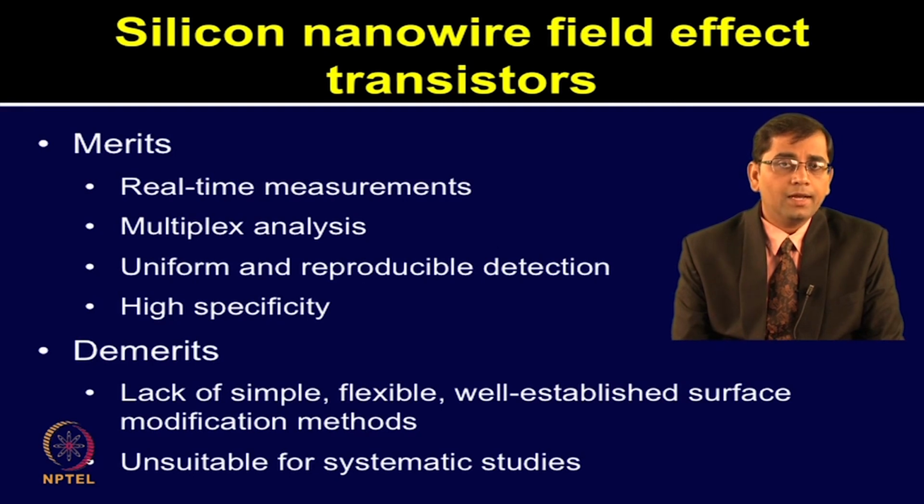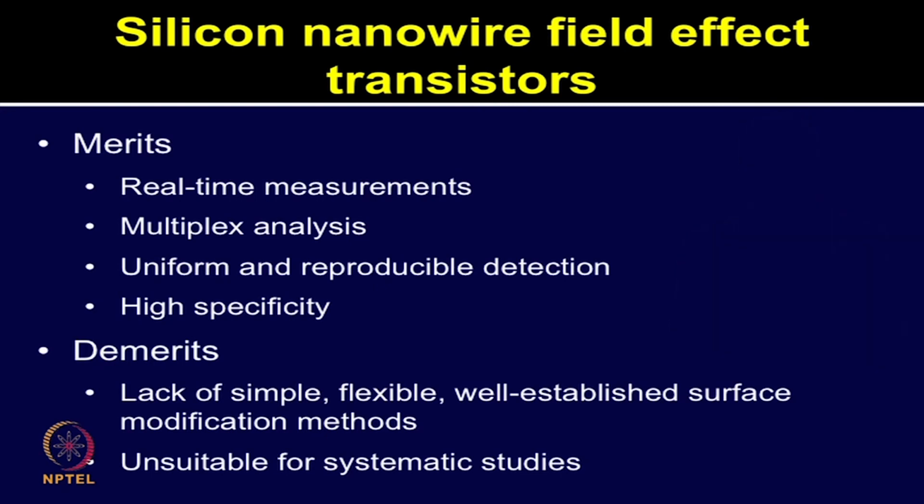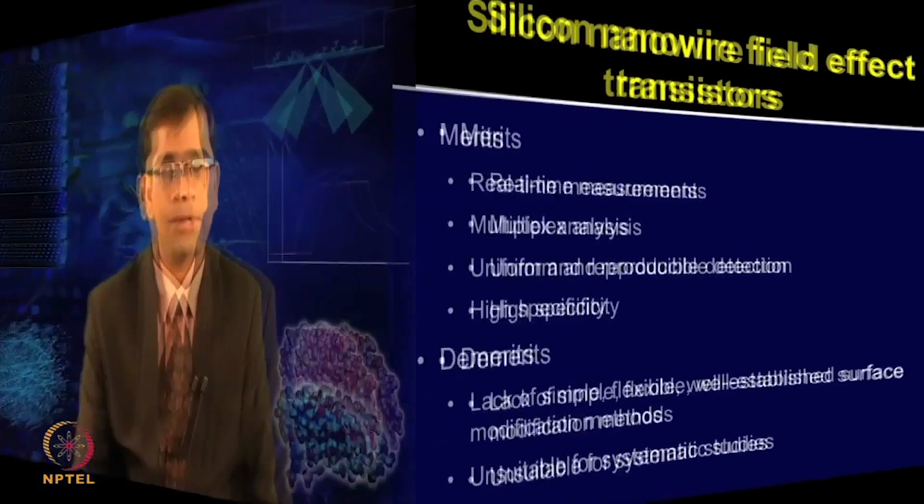It also provides high specificity. Now, discussing the demerits, it lacks simple, flexible and well established surface modification protocols, and that is one of its major limitations. Additionally, it is not very suitable for systematic studies.